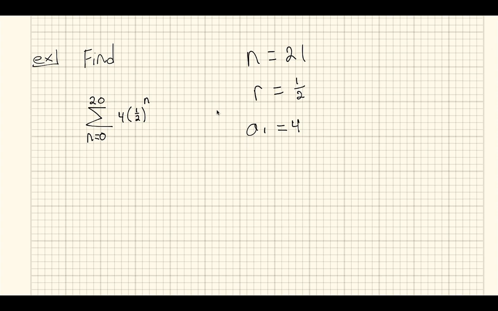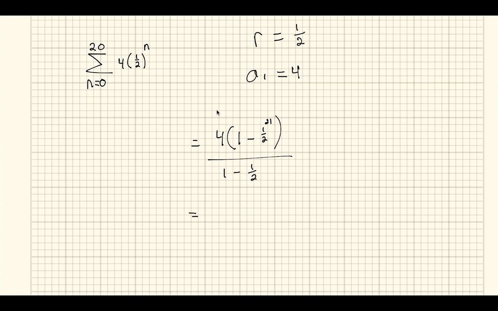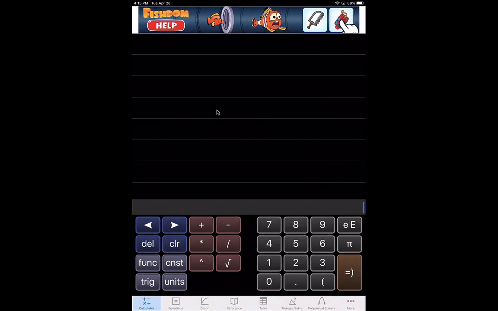Let's plug those into the formula. My sum is going to equal a sub 1, which is 4, times 1 minus r to the n over 1 minus r. So this is 4 times, let's figure out what 1 minus 1/2 to the 21st power is.